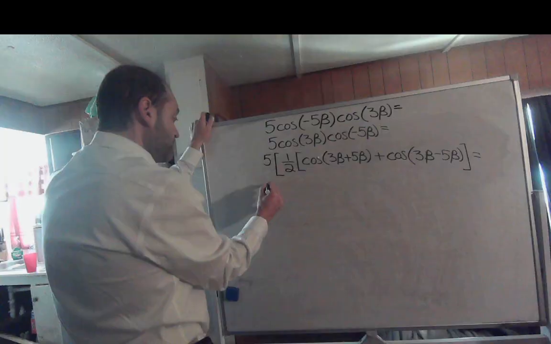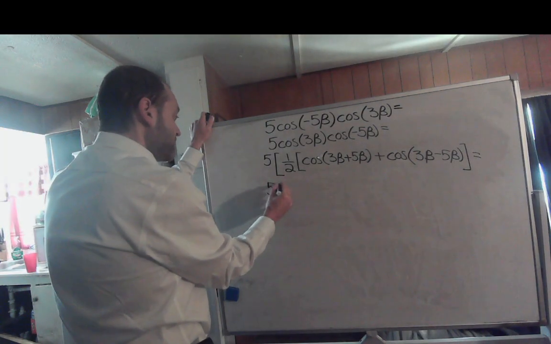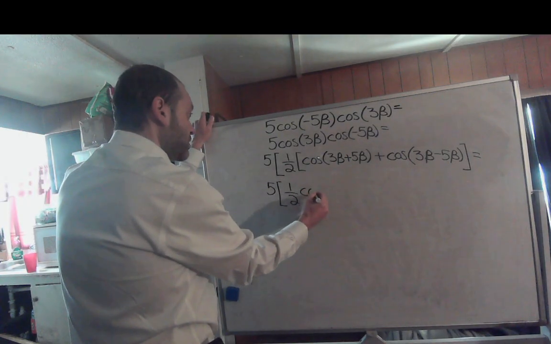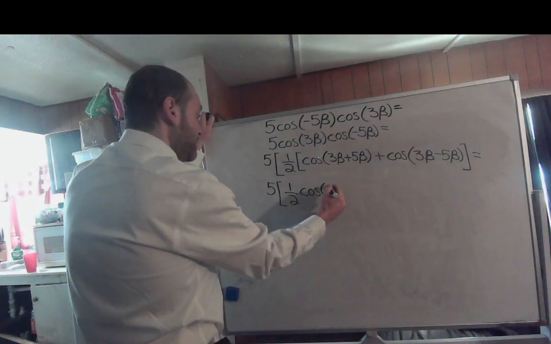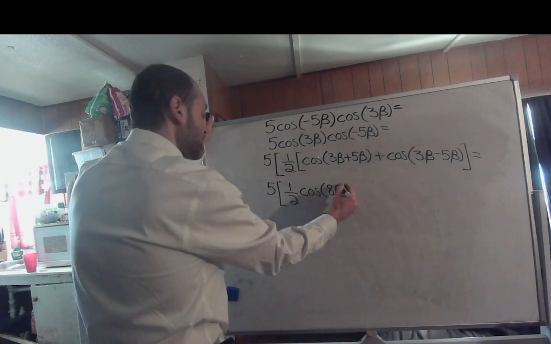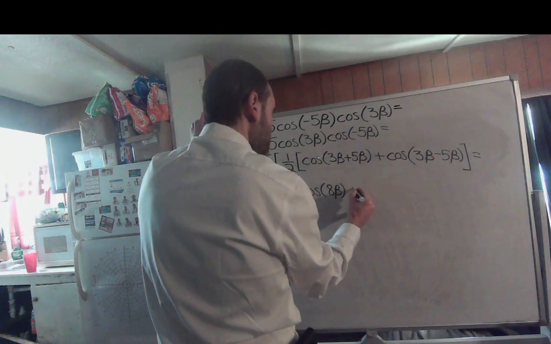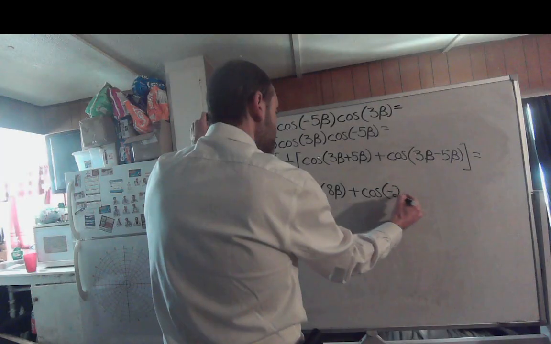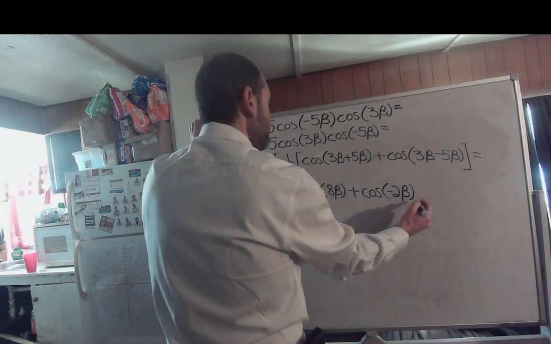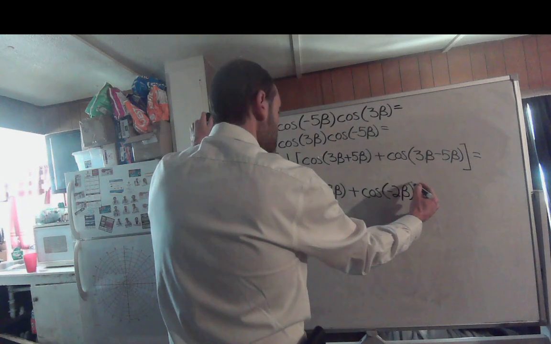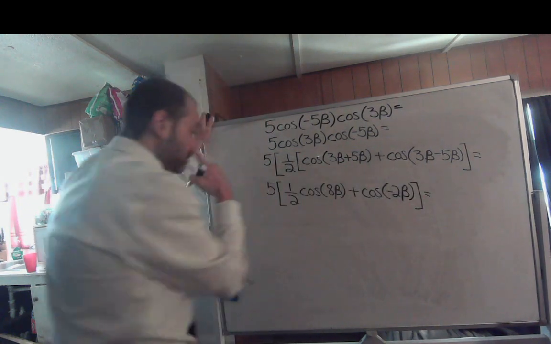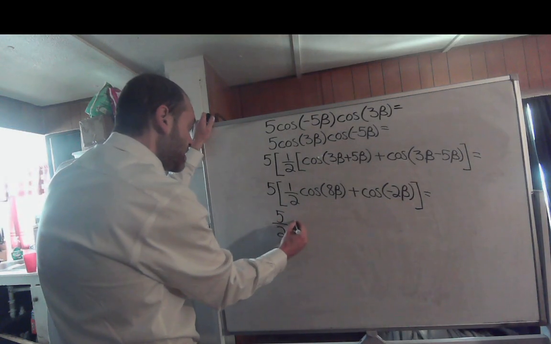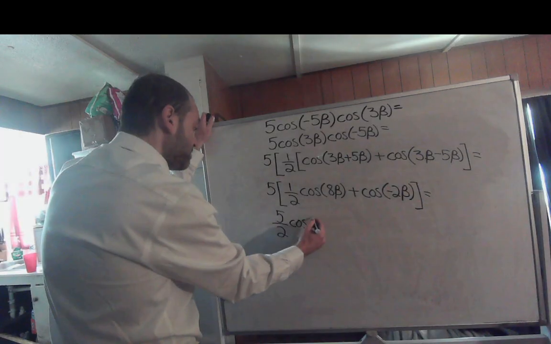So this would equal 5 times 1/2 of the cosine of 8 beta plus the cosine of negative 2 beta.